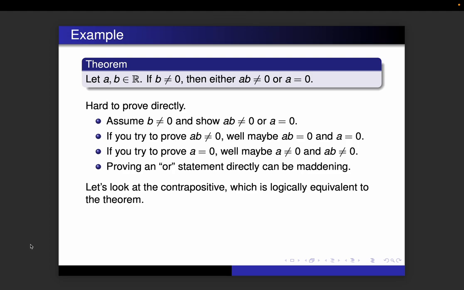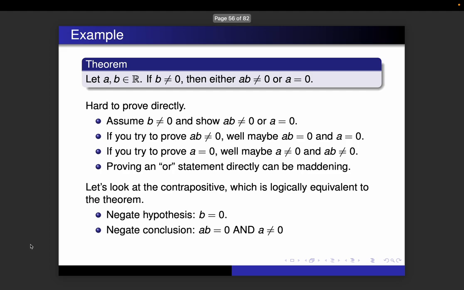Let's look at the contrapositive, see if that's any easier to prove. Remember, it's logically equivalent to the original theorem, so proving the contrapositive is exactly proving the original theorem. So we have to negate the hypothesis. Our original hypothesis is B not equal to 0, so B equals 0 is negating that. We have to negate the conclusion as well. Now, the conclusion is an OR statement, so when we negate that, we get an AND statement by our buddy De Morgan, right?